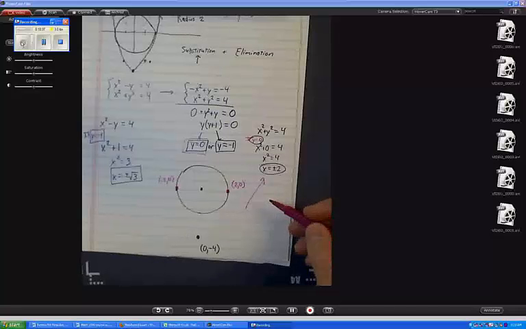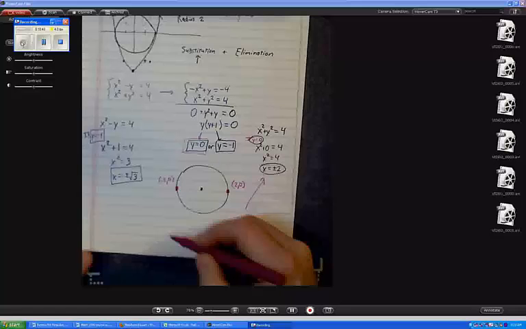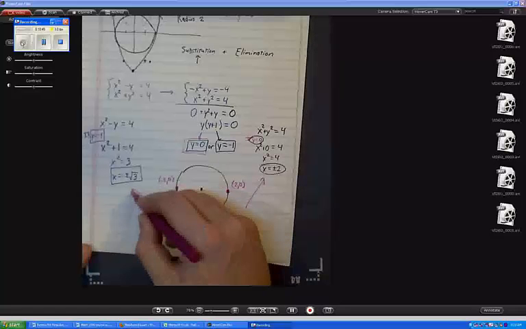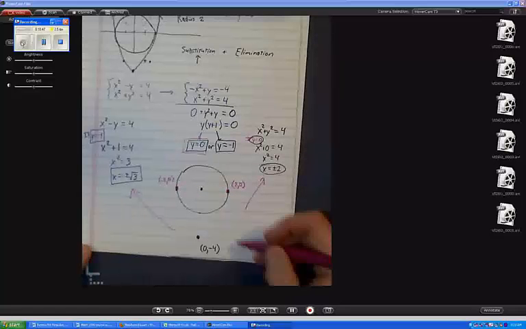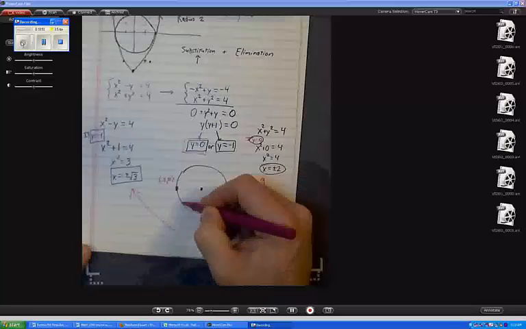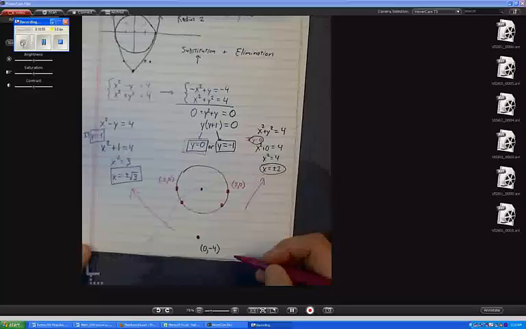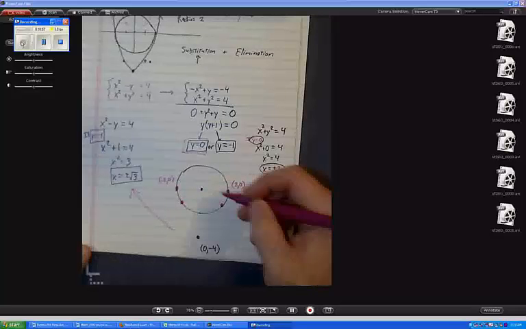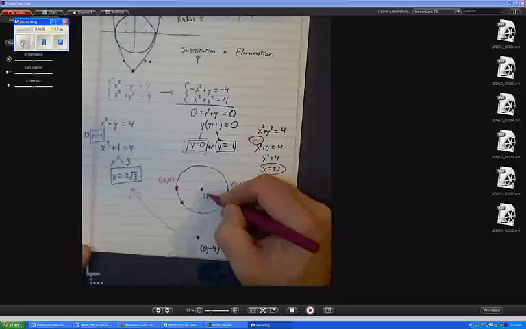Does that make sense to people? Okay. Now the other thing I learned, say from over here, is that also y can be negative 1. It's not going to be negative 2, but it might be negative 1. Here or here, I'm going to have some intersection points. What are they going to be? This one is going to be square root of 3, comma, negative 1.